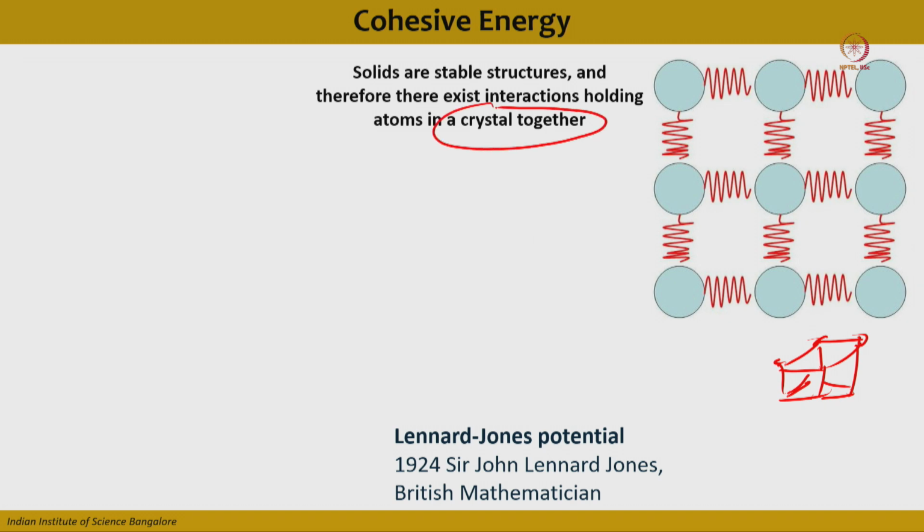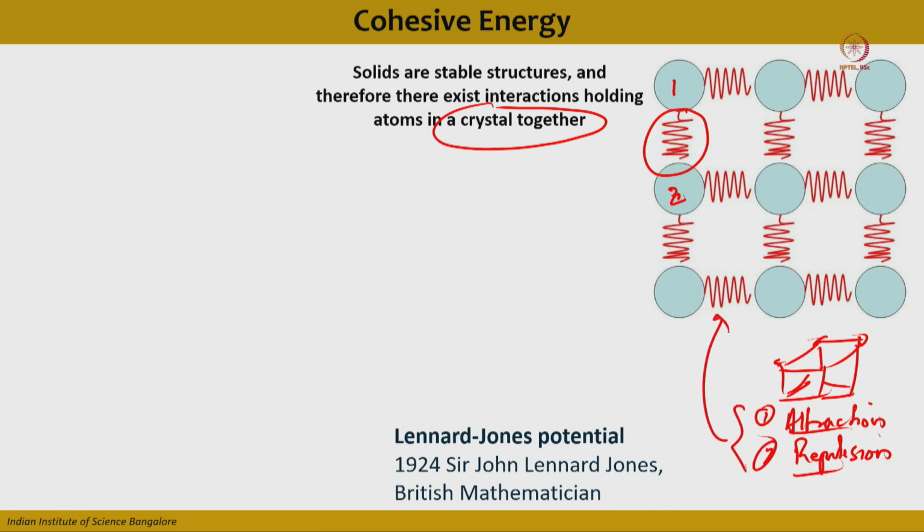Okay. So there is an interaction between two atoms, for example, the first atom and the second atom. Fine. And this interaction is divided into two important concepts. One is attraction and another is repulsion. Okay. So these are the two important aspects of the interaction between two atoms.